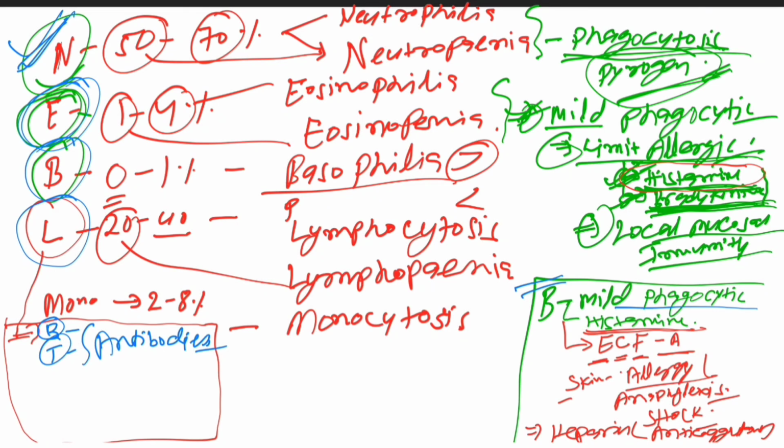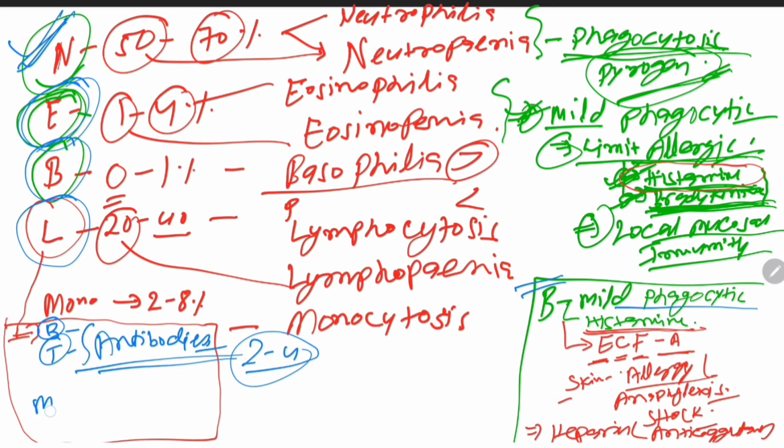B lymphocyte is going to produce antibody, and T lymphocyte is a helper cell, which is going to recognize any pathogen or foreign particle in our body. T lymphocyte is going to present that antigen to B lymphocyte, and B lymphocyte is going to produce a specific type of antibody against that antigen. Till now, we understood that B and T lymphocytes produce antibodies and protect our body, but it will take some time, 2 to 4 weeks or maybe more.